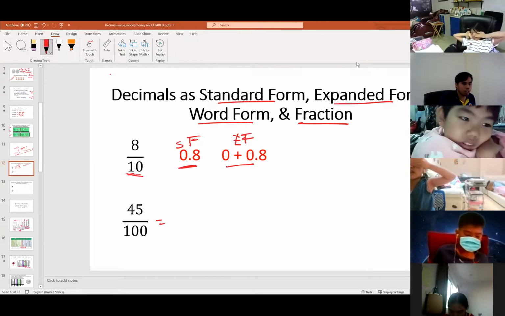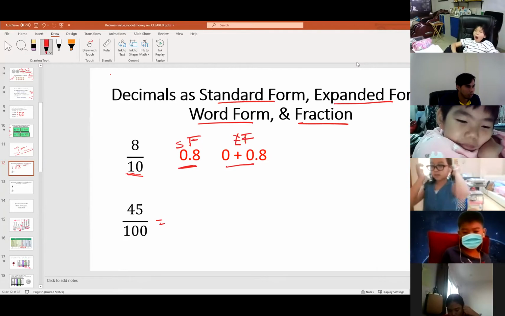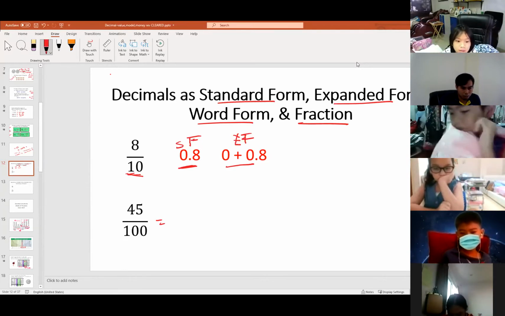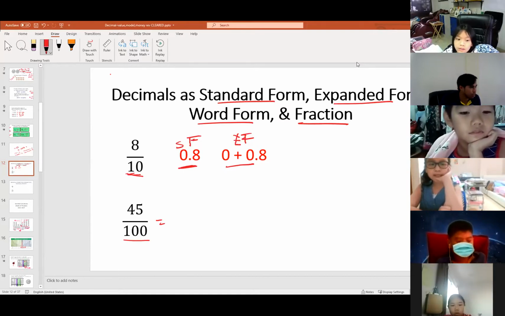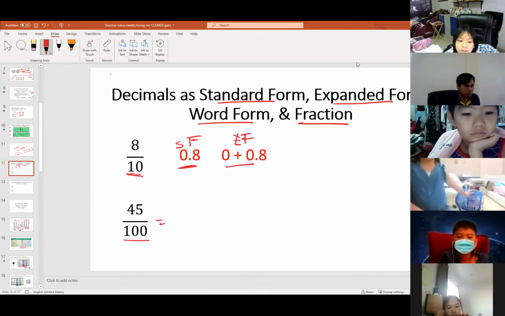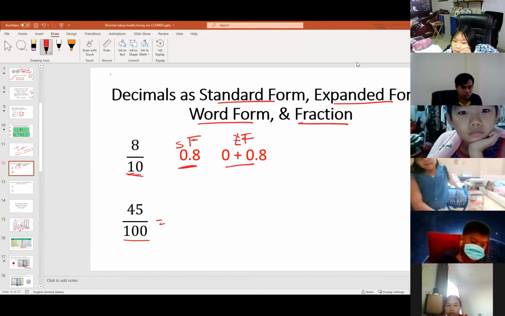How do we make this into a decimal? What's the first step? Look at the number at the bottom. How many zeros do you see? Two. So what place value is that? How many decimal places? Hundredths.